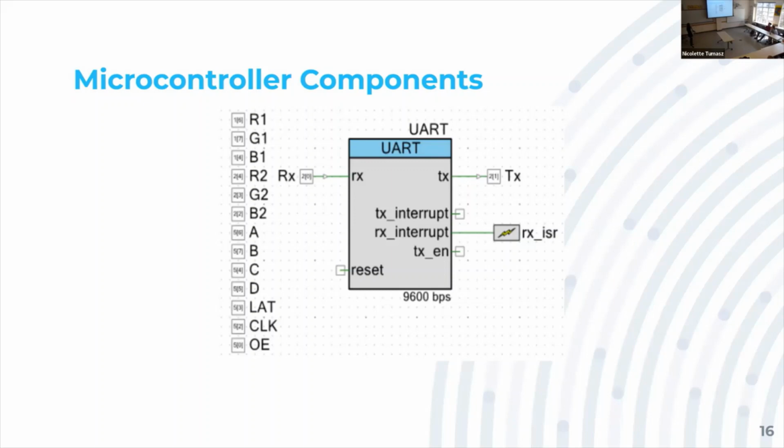And on the right is the UART component, which allows the command line interface to communicate with the PSoC board. The RX is basically the receiver. That is the component on the PSoC board where we send the bytes into the PSoC board from the command line interface. Then the TX just transfers.